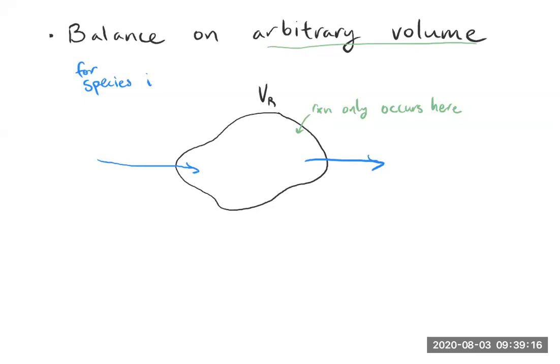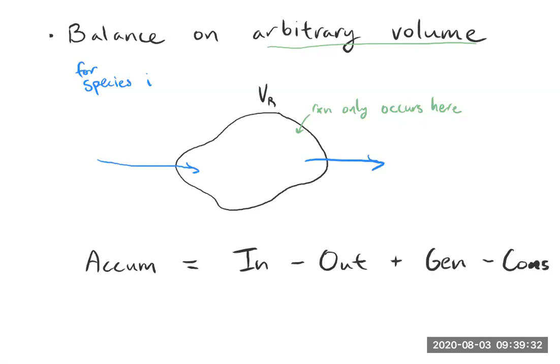We know that there are, let's see, accumulation equals in minus out plus generation minus consumption. Okay, so we're going to be thinking about all of these things.